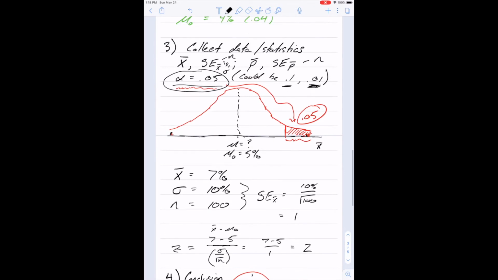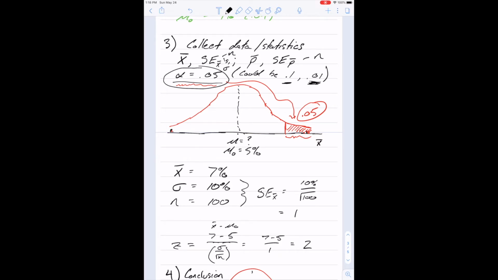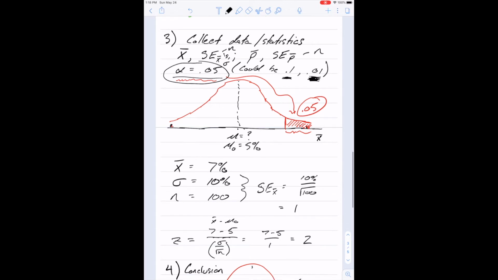So what alpha you choose is totally up to the analyst, or you. You want to think about the consequences of a wrong decision when doing that. If it's a high consequence decision, you usually want to lower it. If it's like, well, I don't really care, then you can use higher.